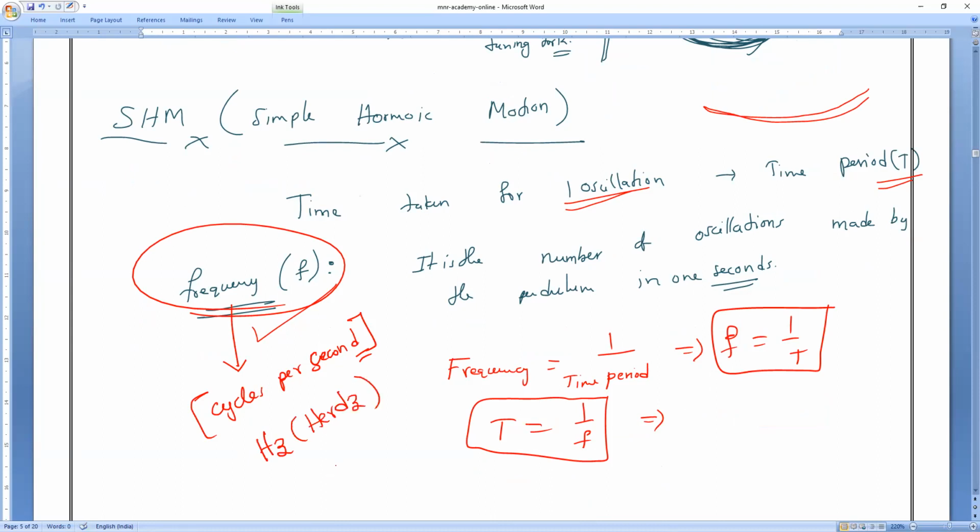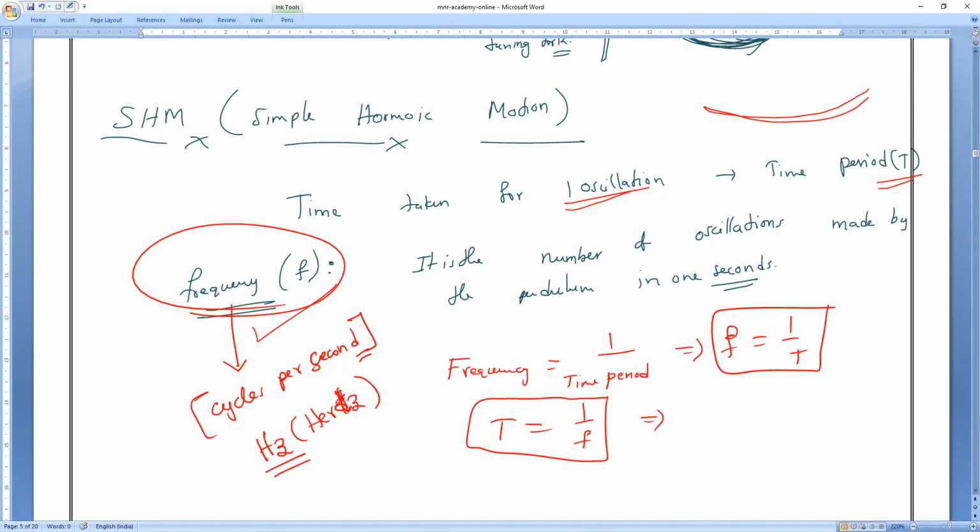Okay, all of you? Hertz is the unit of frequency. Please write it. What is the unit of frequency? Hertz.